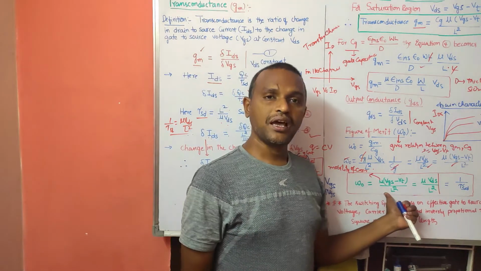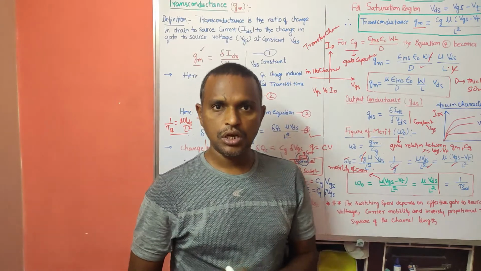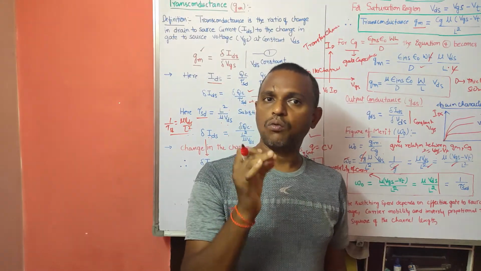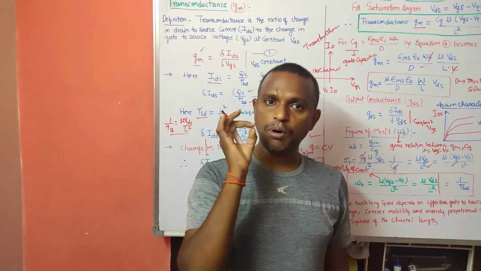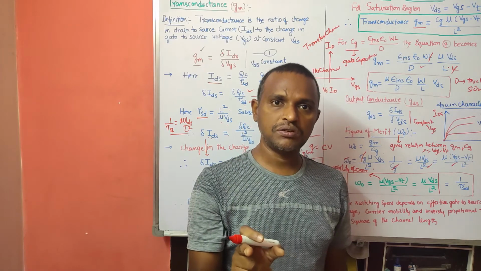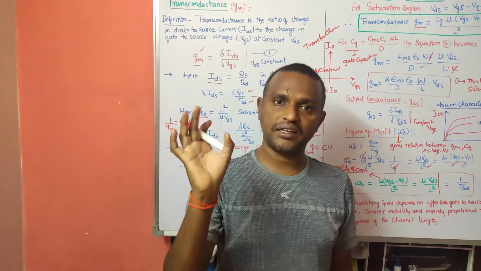And what is this one? L square. So finally, what does the figure of merit represent? The figure of merit gives that the switching speed of the device depends on the mobility of the carriers and the effective gate voltage, and is inversely proportional to the square of the channel length.